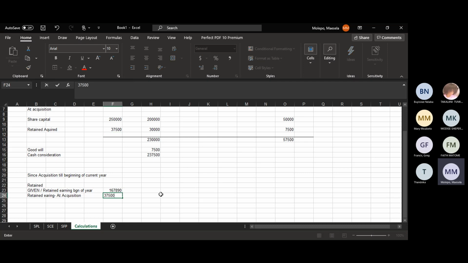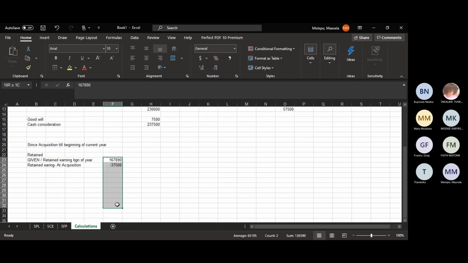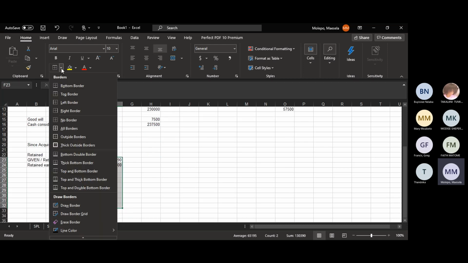So the 37,500 must be subtracted. Because this balance here will represent the movement of whatever happened during the year. So let's just box this amount in the meantime, even though we don't know what's going to happen. So we have to read all the information.